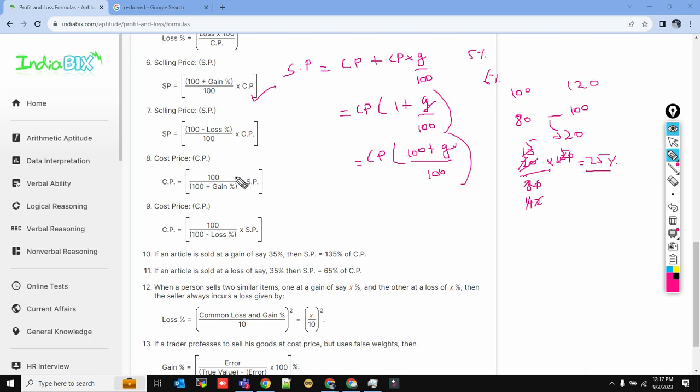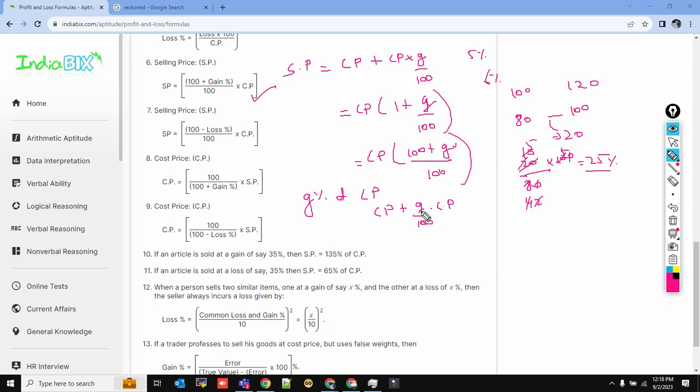So in the formula what you are seeing here is actually the percentage. If you are given cost price and gain percentage, you can find the selling price. Right? Don't remember this formula. You have to find the selling price: cost price plus gain percentage of cost price.